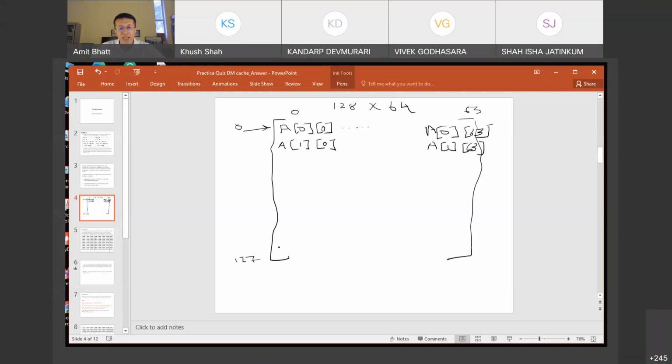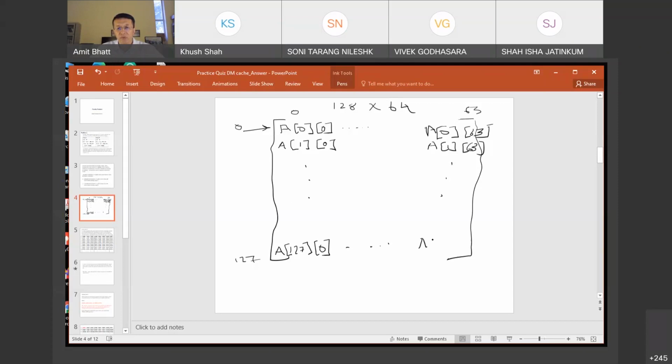What should be the first element here? Sir, A[127][0]. Okay. So the last i, the terminating value of i, would be 127. And then, it would again rotate through the value of j from 0 to 63.